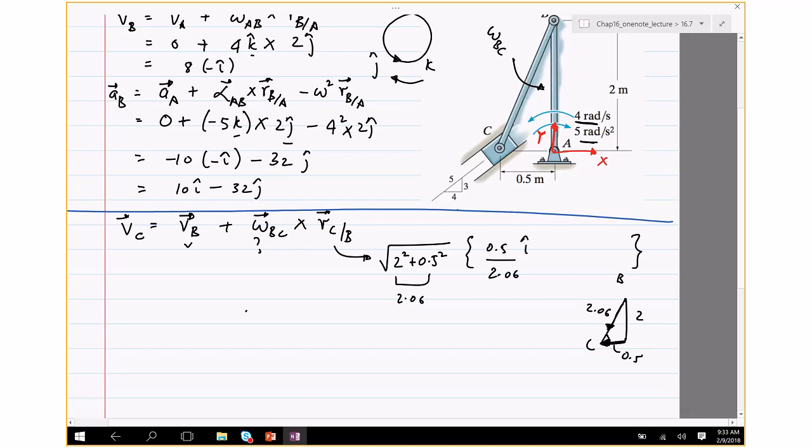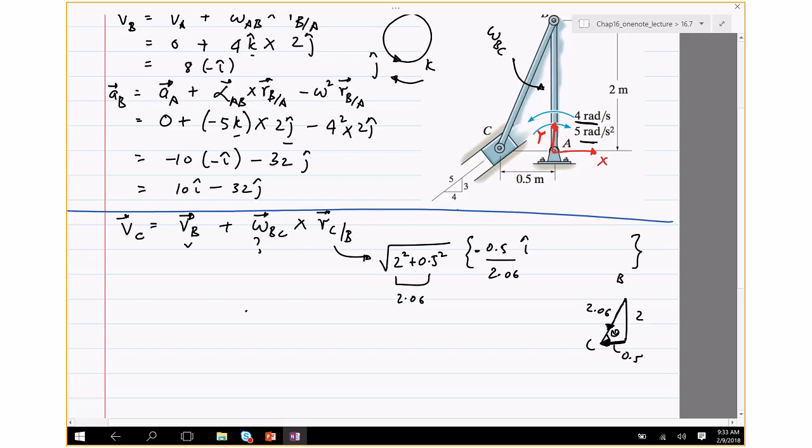We need to find the i component, we need the cosine of theta. Cosine of theta is going to be 0.5 divided by the hypotenuse, 2.06. And this vector is going to be in the negative direction.